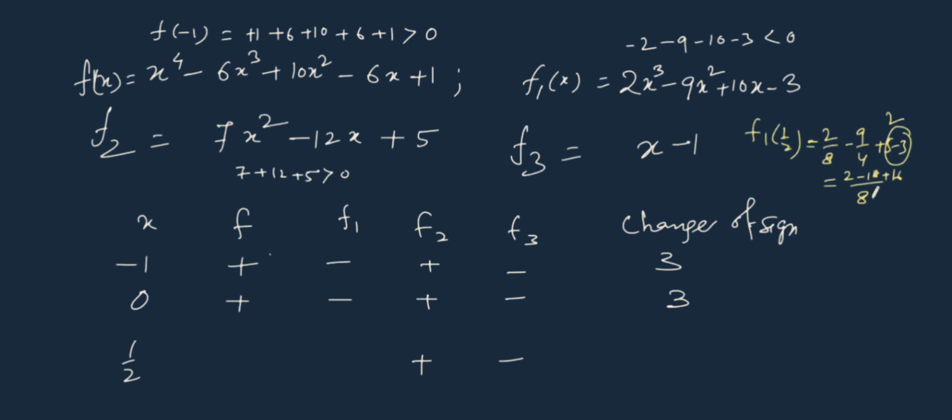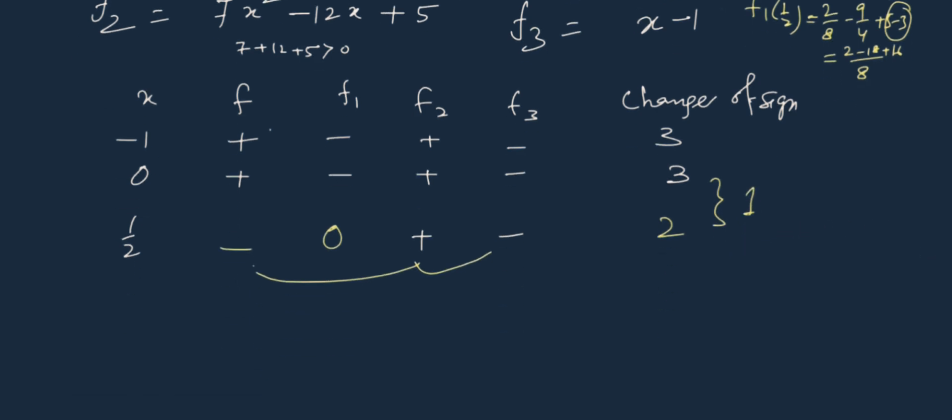So it will be 0, and at half f1 will be negative. So we have 1 change and then another 2 changes. So between 0 and half we have 1 root.